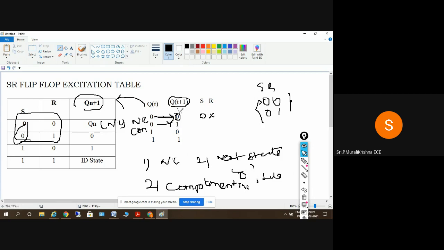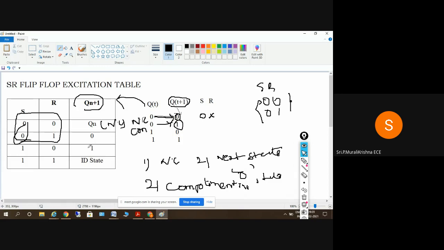Another case is what I have to check here: q of t plus 1 is equal to 1. So where is q of t plus 1 equal to 1 for us? What are the inputs responsible for q of t plus 1 equal to 1? Q of n plus 1 is 1 for the input combination 1 0.